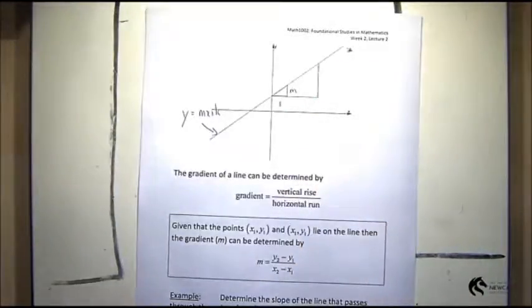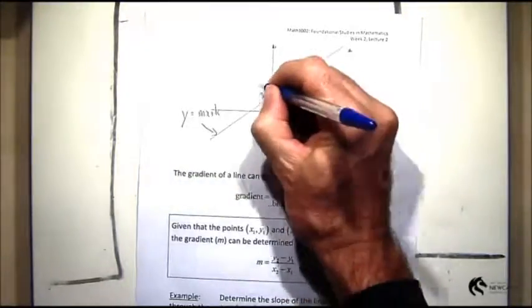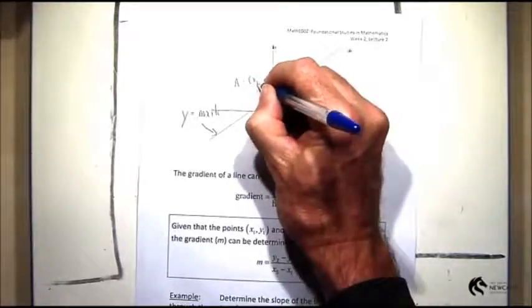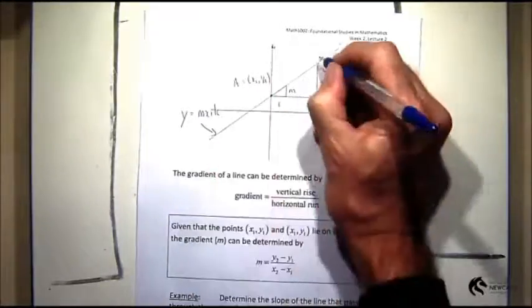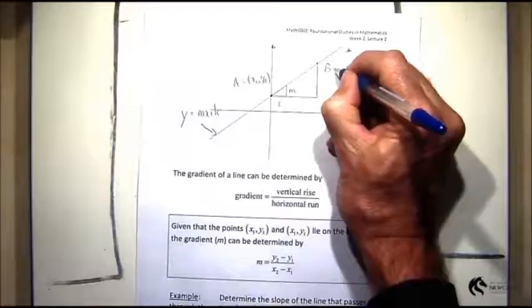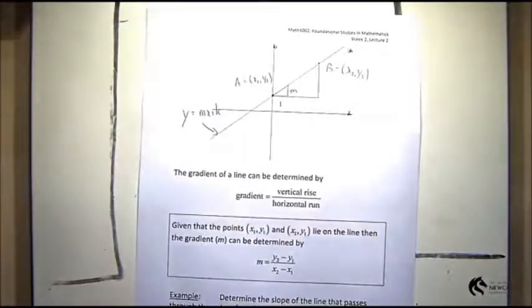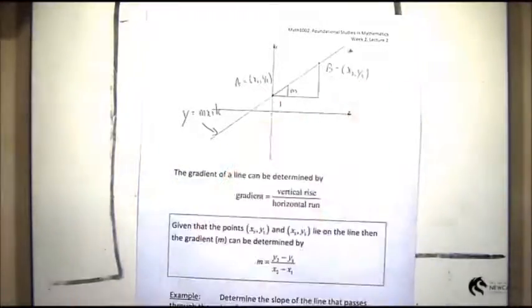All right, that's our interpretation of what's going on. Now, if I have the coordinates of that point there, let me call it A, with coordinates x1, y1, and this point here, B, with coordinates x2, y2. So not necessarily an increase by 1, but any other x value sitting there.